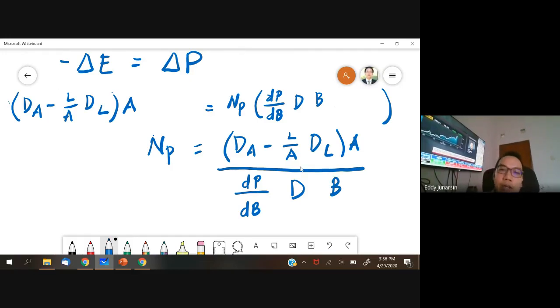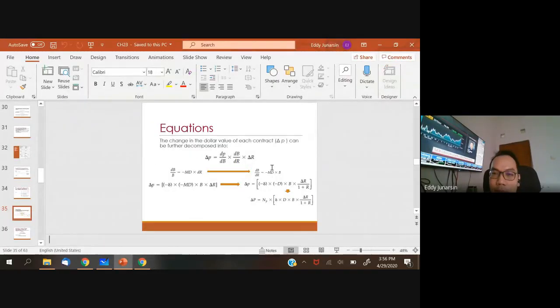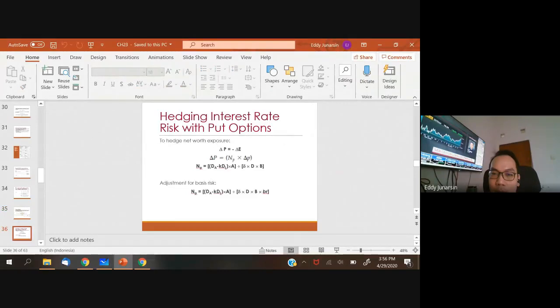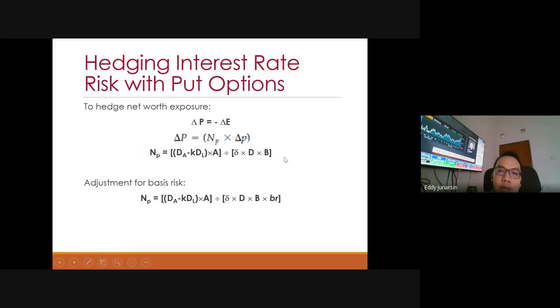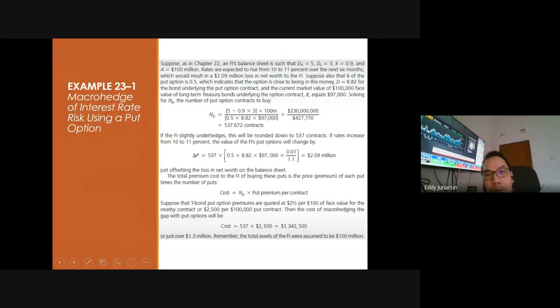Okay, so that's why we got this equation. Okay, so let's see an example now. Now it's getting easy.